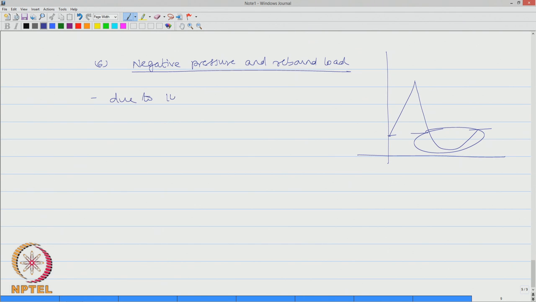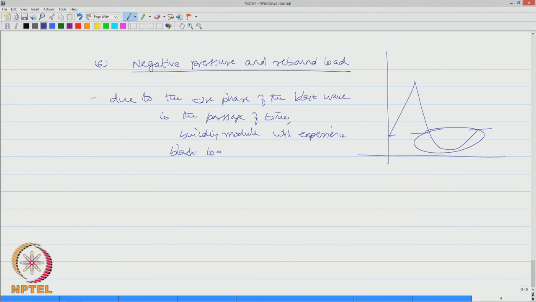Due to negative phase of the blast wave propagation in passage of time, the building module will experience blast load effects in the opposite direction to that of the primary load.